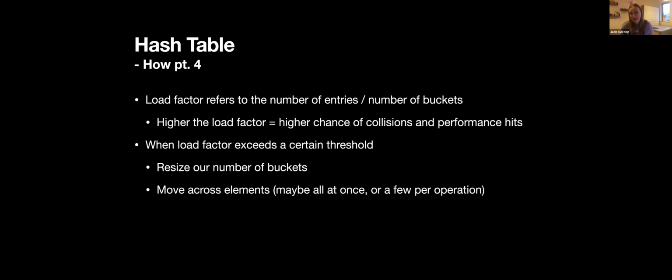And even this, rehashing, has various techniques. The most simple one would be, I've created a new hash table, so I'm going to take all of my existing values and place them into the new table. Another one would be, every time I access the existing hash table, I copy a few from the old one into the new one, and so on, until the old one is empty, and then we can just free it up.